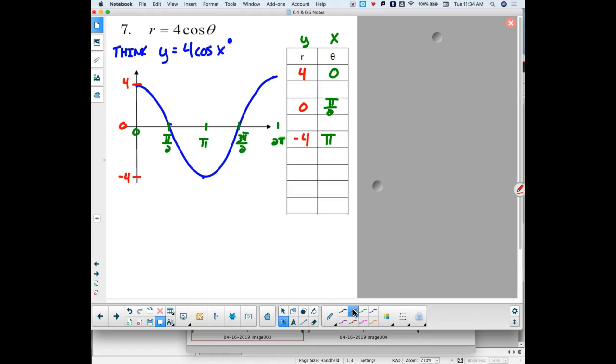At theta is 3 pi over 2, what is my r value? 0. And at 2 pi, what is my r value? 4 again, right?